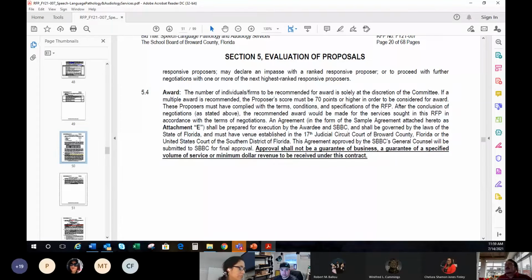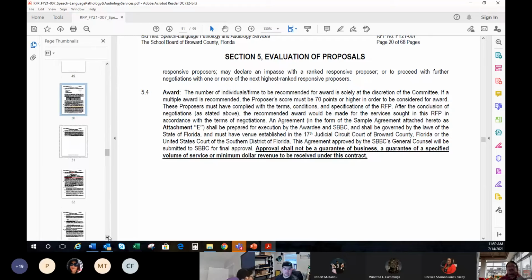Now, when we use the word impasse, that's basically declaring that the proposer and the school board can't come to terms on a condition of the negotiation. So if you come into the negotiation and you both disagree about whatever issue you're talking about, the committee member can say, I think we've reached an impasse with this proposer.